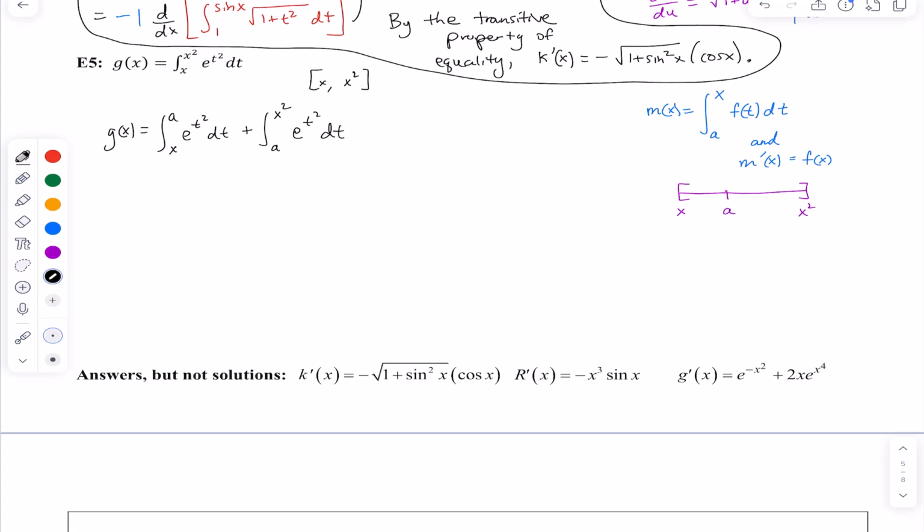This is still a function of x. We're going to rewrite g of x again using the properties of definite integrals. And notice we are getting very, very close to getting the fundamental theorem of calculus, part 1.